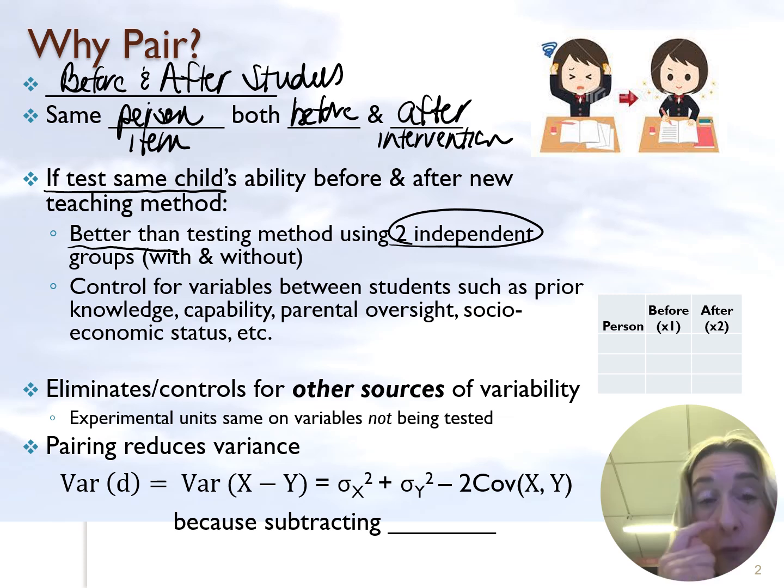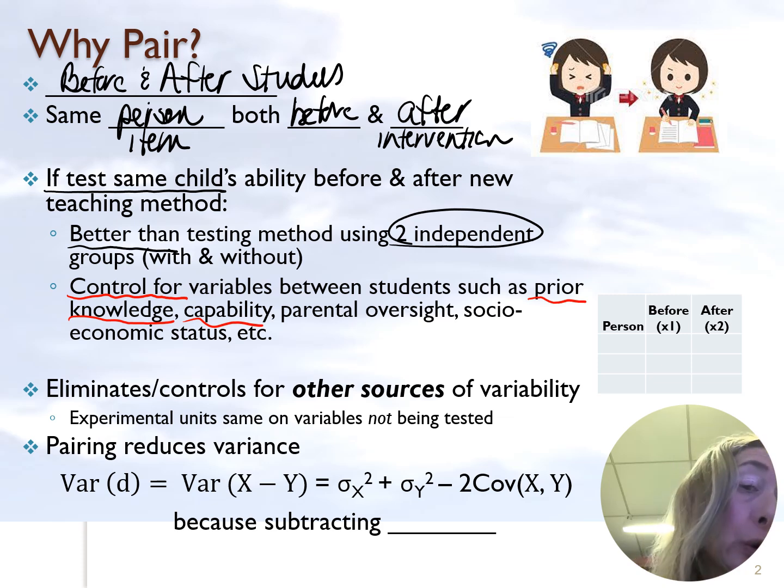And the reason for that is with pairing, you're able to control for variables that exist between students. Things such as perhaps what might have been their prior knowledge on a topic or in a certain area, or what their natural capabilities might be.